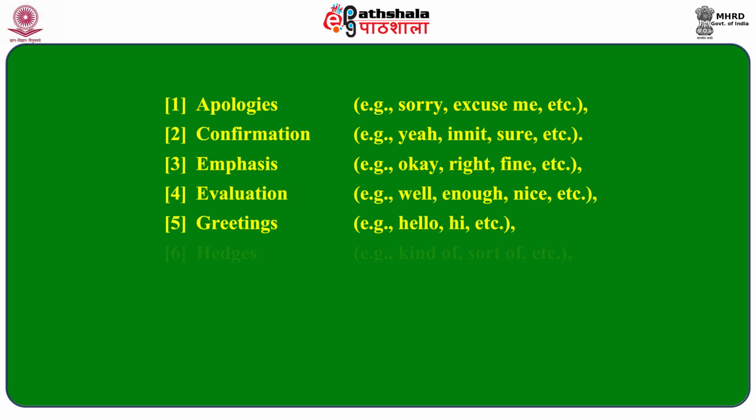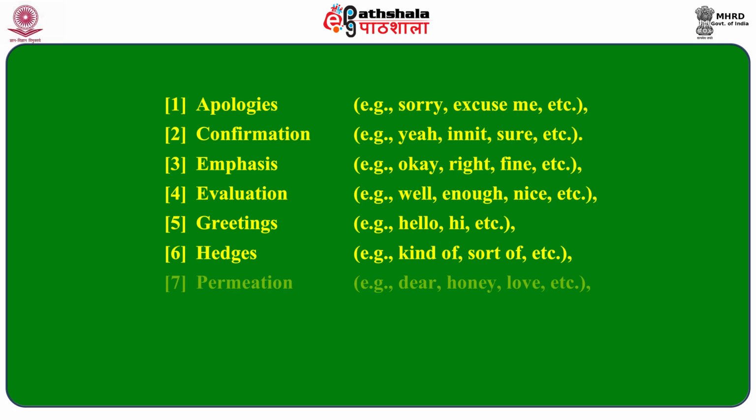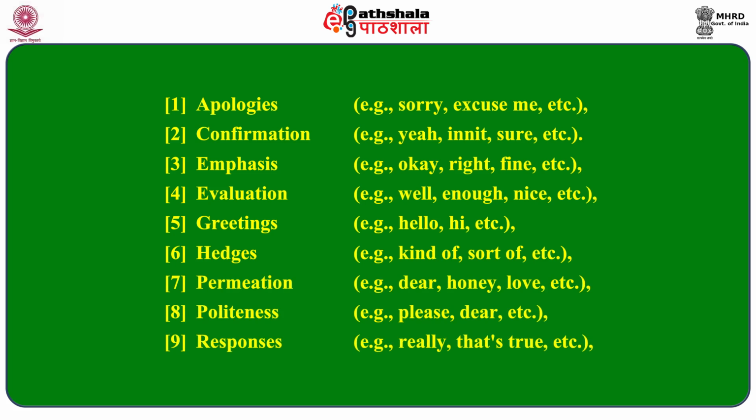She said that inside the text, if you come across some examples of something like that, then that can be marked as a discourse tag. I'm giving here some very interesting examples. If you find in a text expressions like sorry, excuse me, etc., then let those terms be marked as a discourse tag for apology.